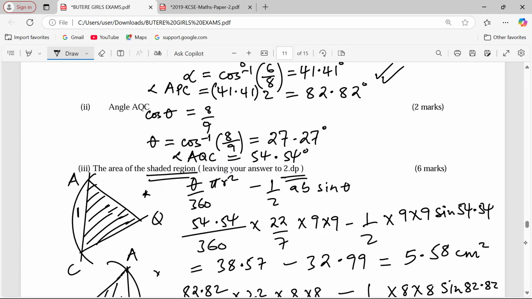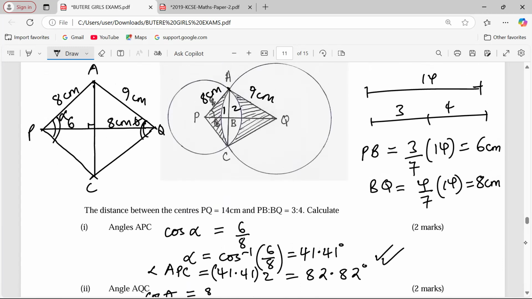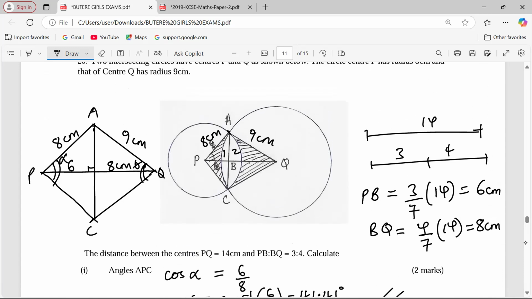So we can talk about now the 2 triangles added to give us the whole of this area. Now consider a figure which is called a kite, actually.